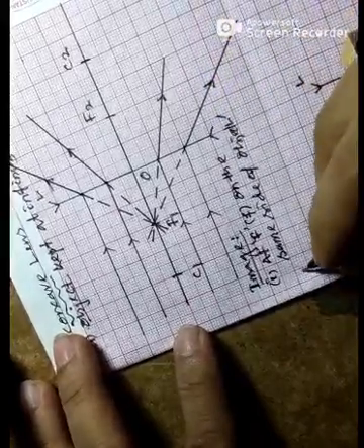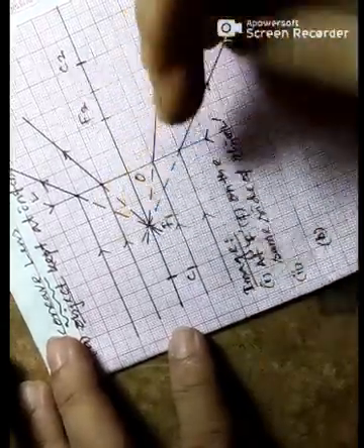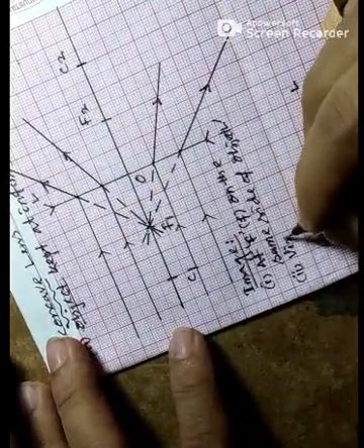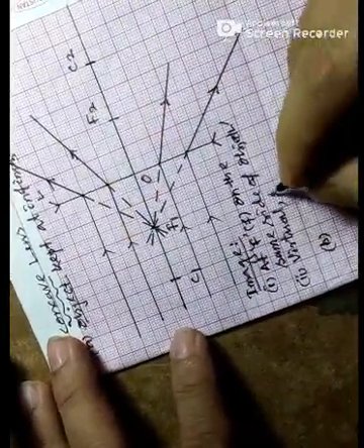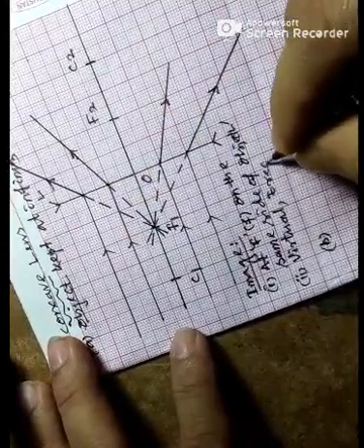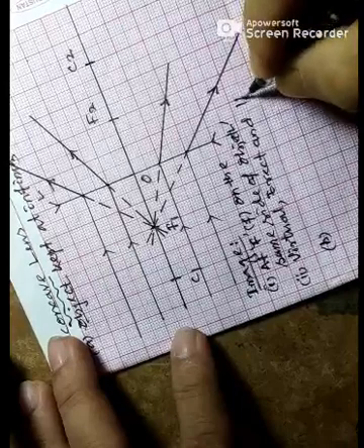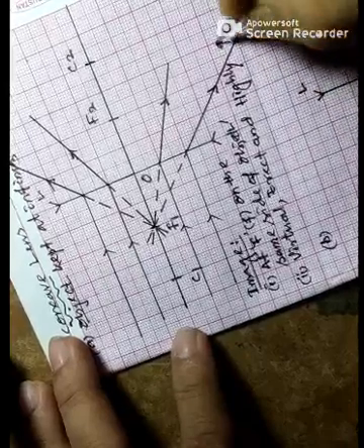Okay. The second point, the nature, because we get dash line here, so this is a virtual image, erect and highly diminished.